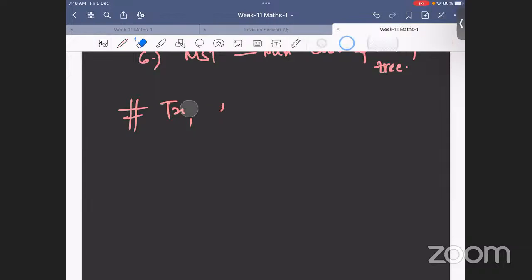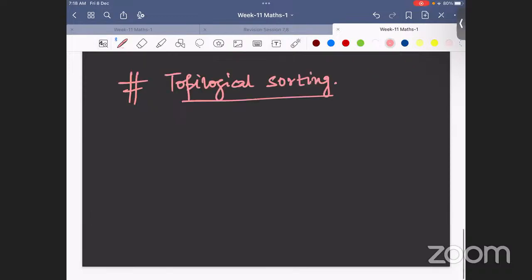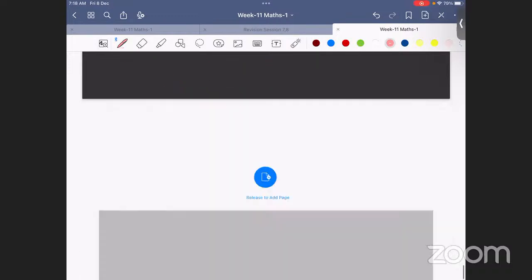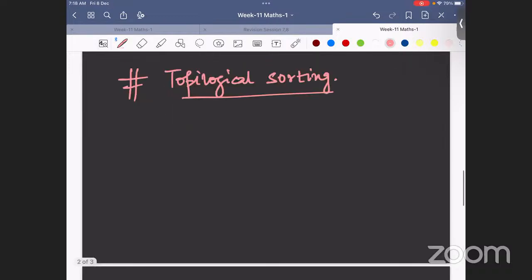Sure, it's basically arranging the vertices of a given graph in order of their in-degree. Right. If you have been given a graph, we are trying to write the vertices in some sequence.